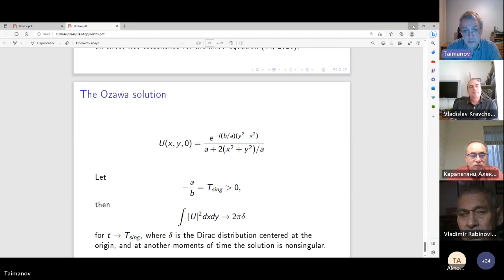Not for modified and Davey-Stewartson in this framework, because Davey-Stewartson was studied by other means, because it wasn't originally from soliton theory, and many people had been working on it even before it was immersed into this soliton framework. But for Novikov-Veselov, that was developed. There are plenty of articles for the Cauchy problem.